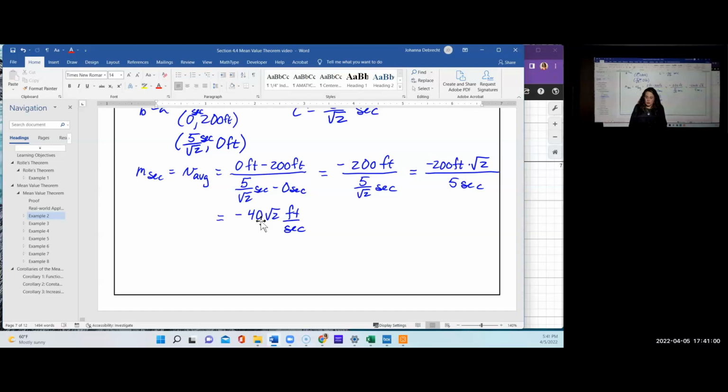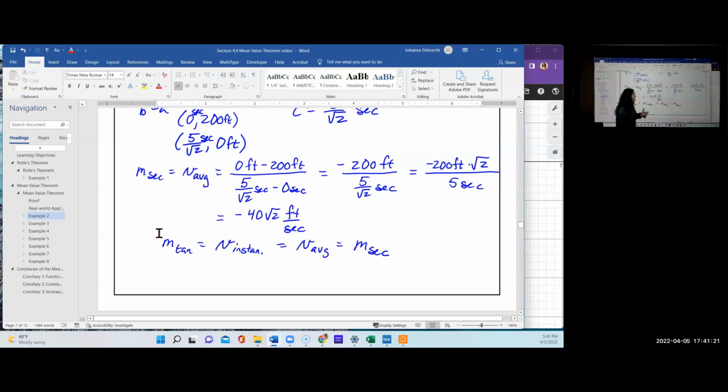When are they equal? Well, I can set up my equation to say that the slope of the tangent line, which is equal to the instantaneous velocity, has to be equal to the average velocity, which is equal to the slope of the secant line. Now we've already got the slope of the secant line, the average velocity right here. What we need is the slope of the tangent line, the instantaneous velocity.